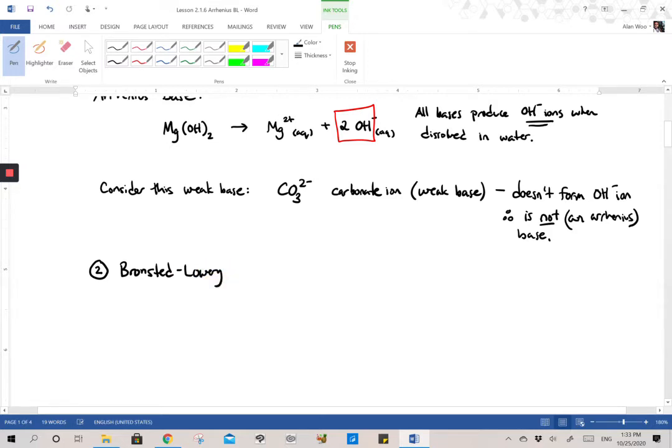These are two separate people who came together to figure out the next definition of what an acid and base could be. And we kind of need to look at both of them at the same time.